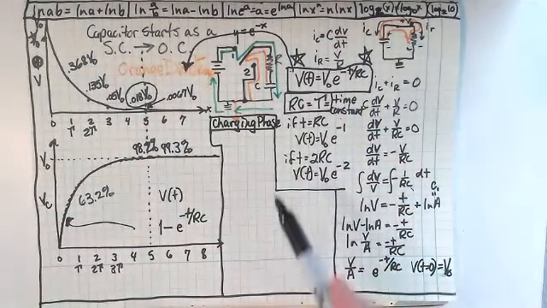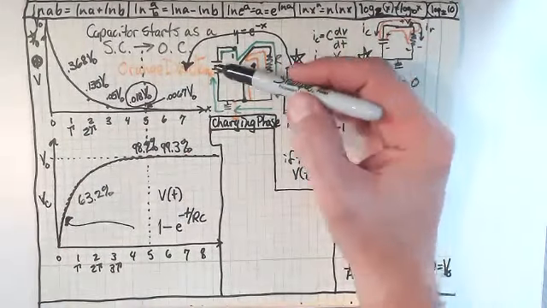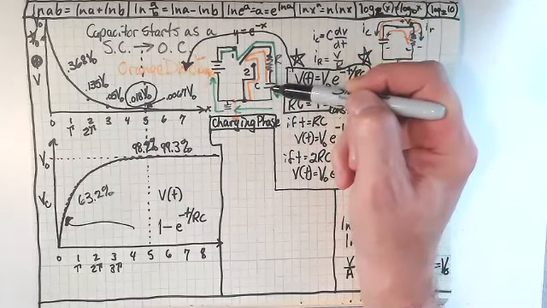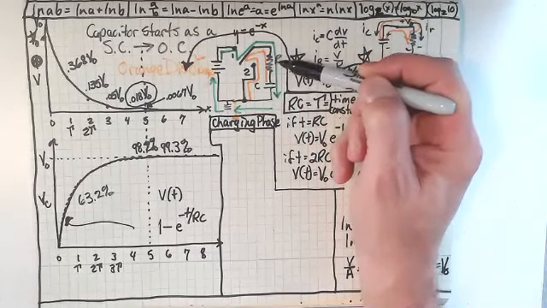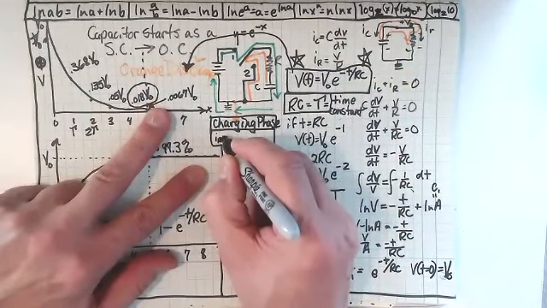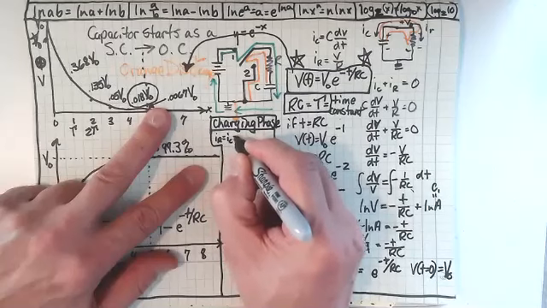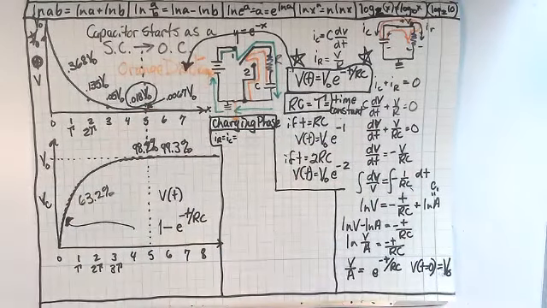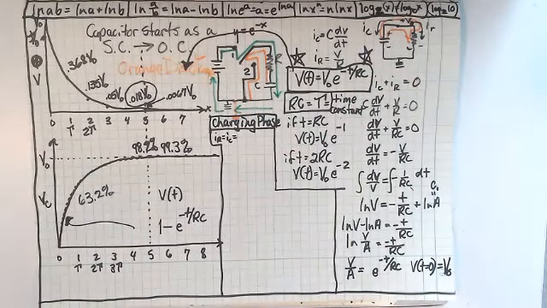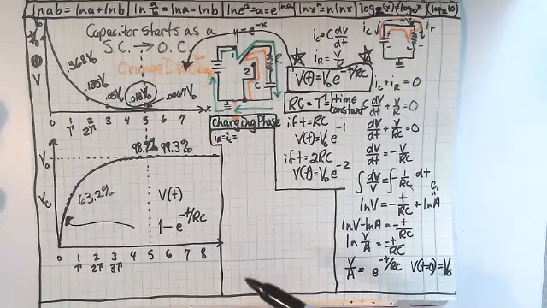Now, if I just looked at that charging phase where I've got the power supply going through the green and then charging the capacitor through the resistor, we know a couple things. We know that the current going through the resistor equals the current going through the capacitor, right? It's in series with one another, so one has to go through the other. And we also know what the current flowing through either one of those is, right?